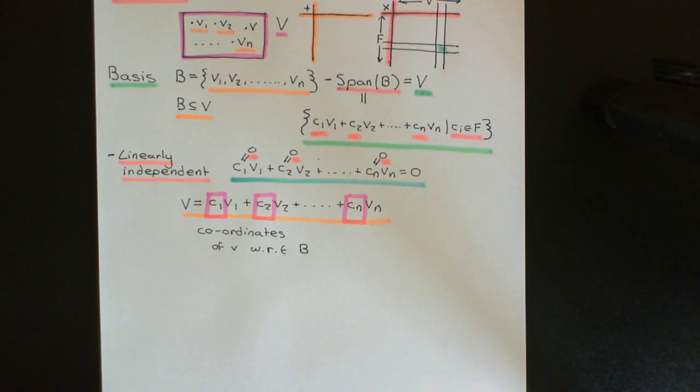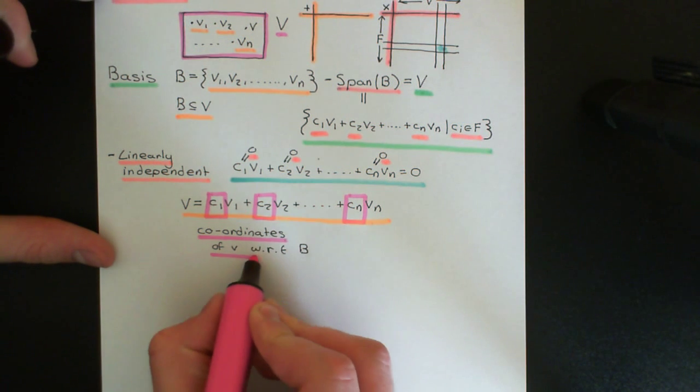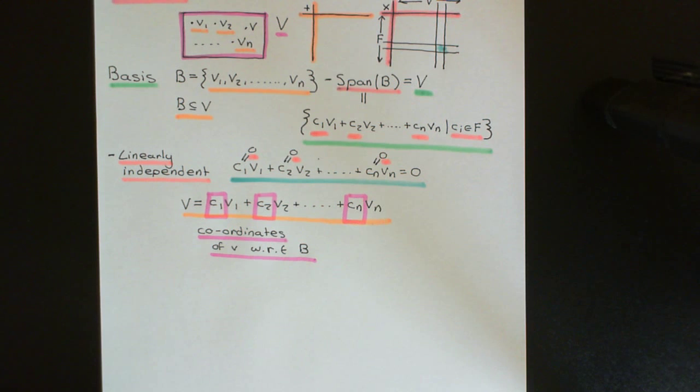The same vector in this vector space will have different coordinates relative to different bases. So if you have a basis, you can find the coordinates of any vector with respect to that basis.